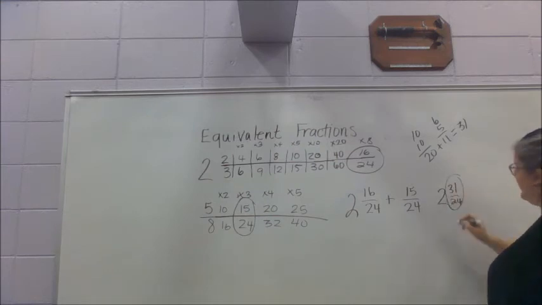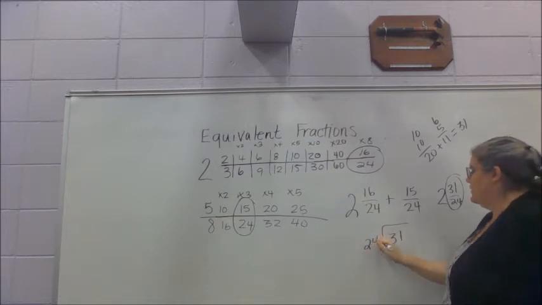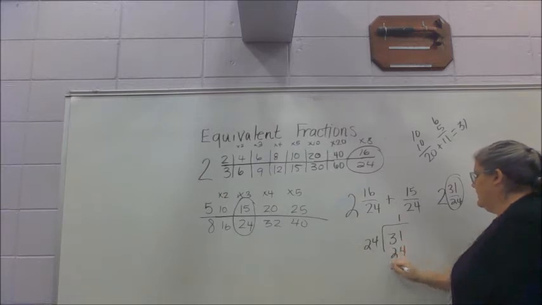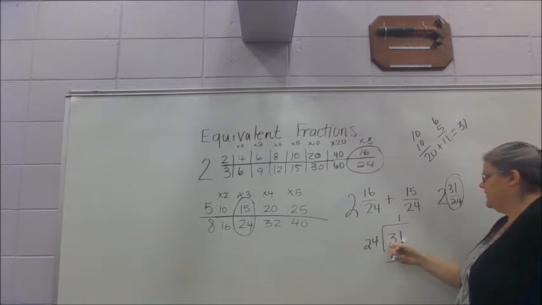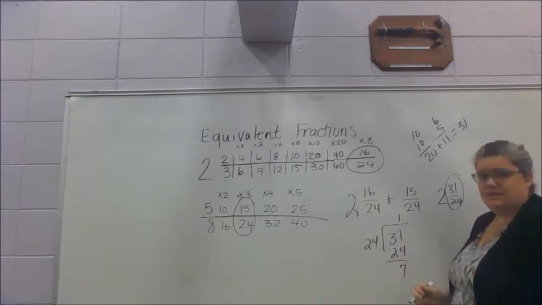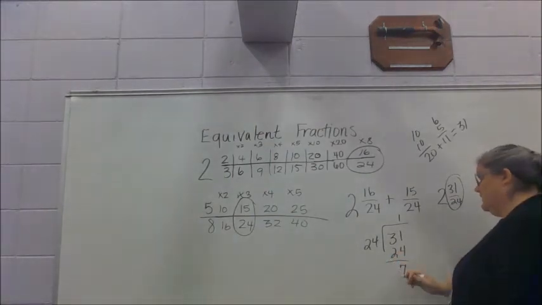Uh-oh, I have a problem with that. 31 divided by 24. So this only goes in one time. So to get from 24 to 31, I can get 6. 1 more than 6 is 7, right? So again, 24 plus 7. Yeah, that's right.